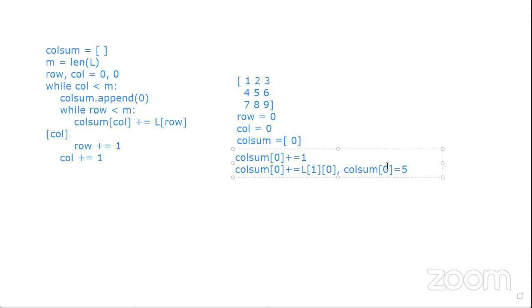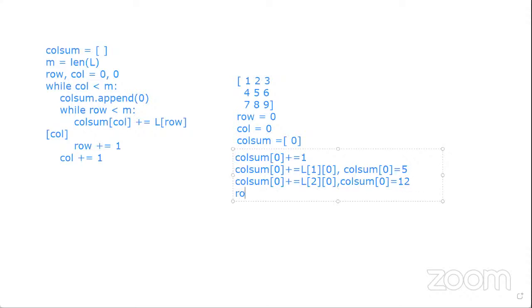Then in the next iteration, colsum of 0 plus equals L of 2 of 0, which will make colsum of 0 equal to 5 plus 7, 12, right? Until now it's clear?